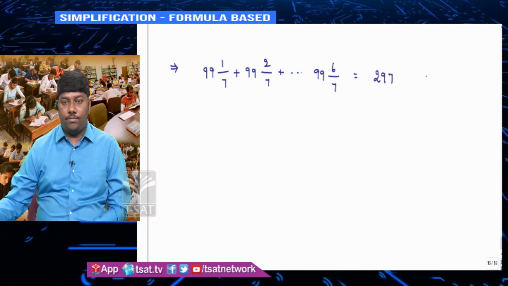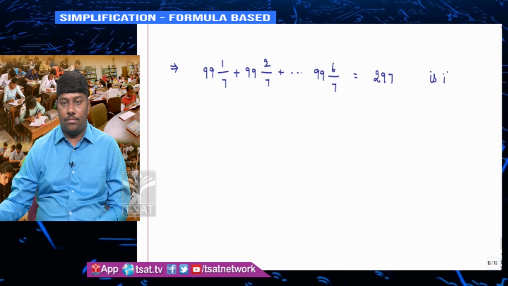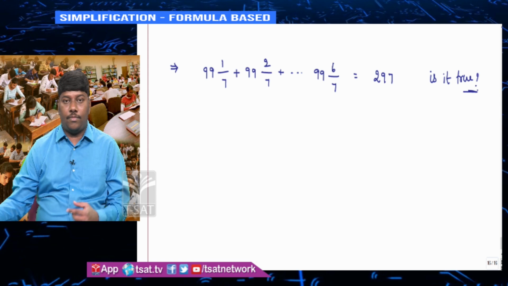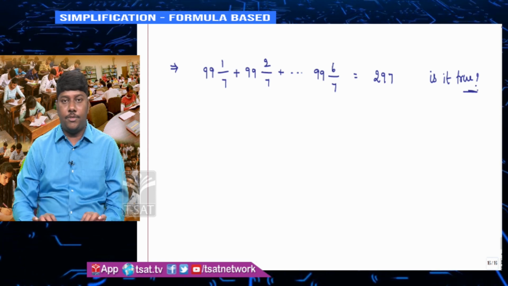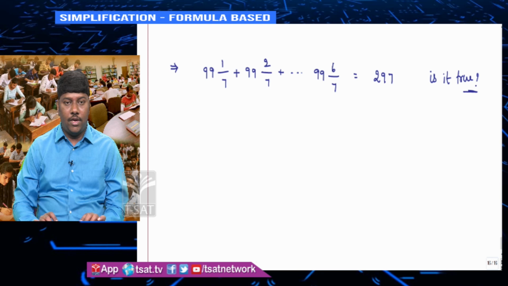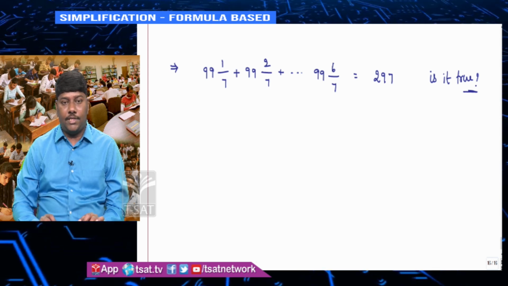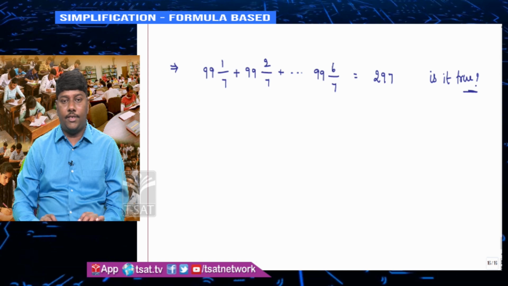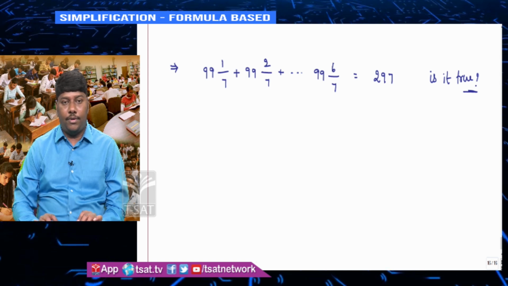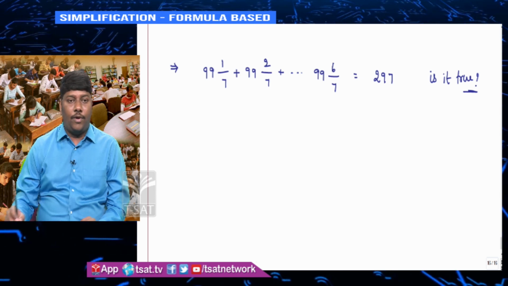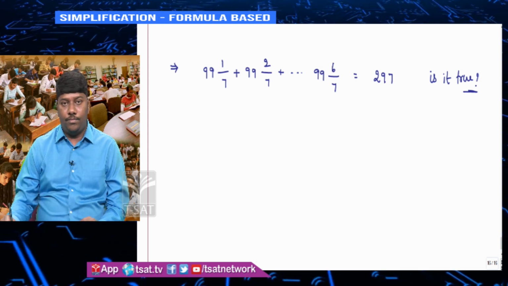Is it true or false? Let me ask you which of the following options are true, or is it true or false? Now we will actually try to find out the answer here. 99 1 by 7 plus 99 2 by 7 plus so on 99 6 by 7. If you don't know how to actually write down these fractions, you may easily get confused. So what are the different ways that you actually do?